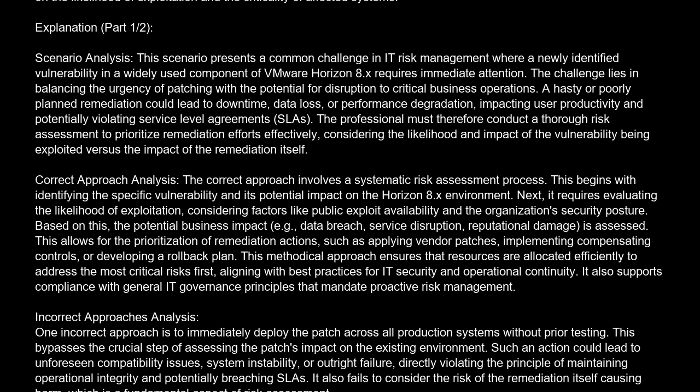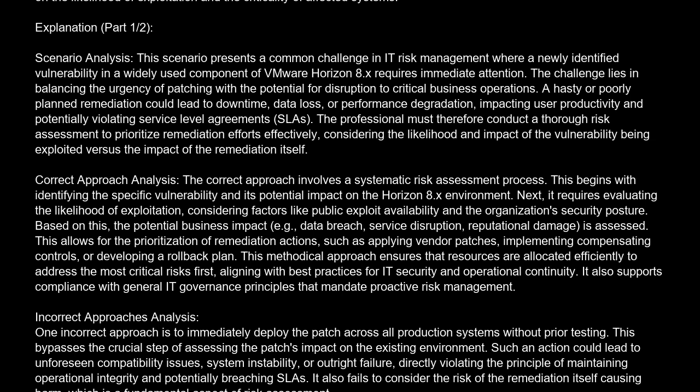A hasty or poorly planned remediation could lead to downtime, data loss, or performance degradation, impacting user productivity and potentially violating service-level agreements, SLAs. The professional must therefore conduct a thorough risk assessment to prioritize remediation efforts effectively, considering the likelihood and impact of the vulnerability being exploited versus the impact of the remediation itself.